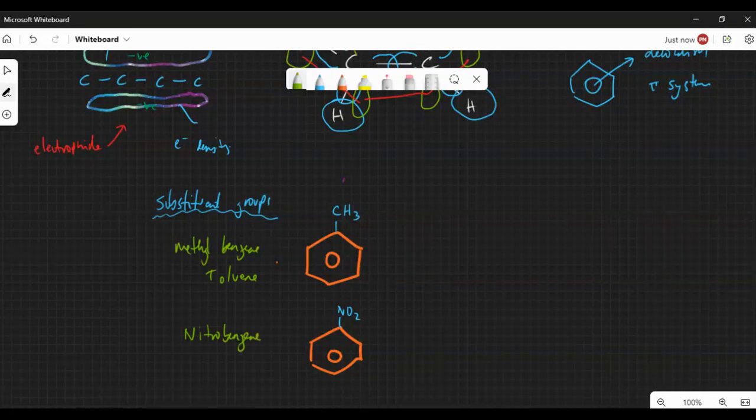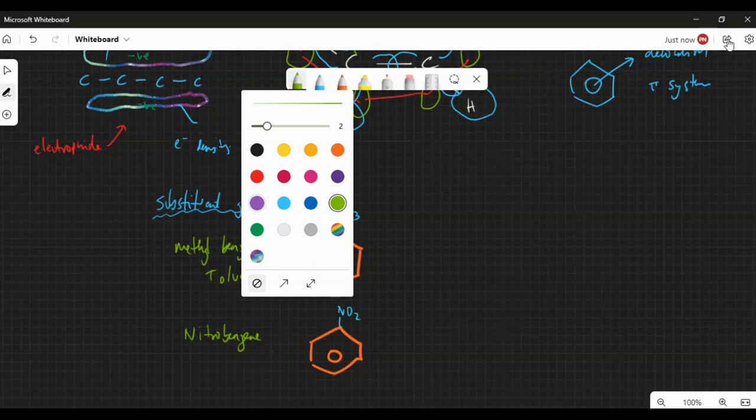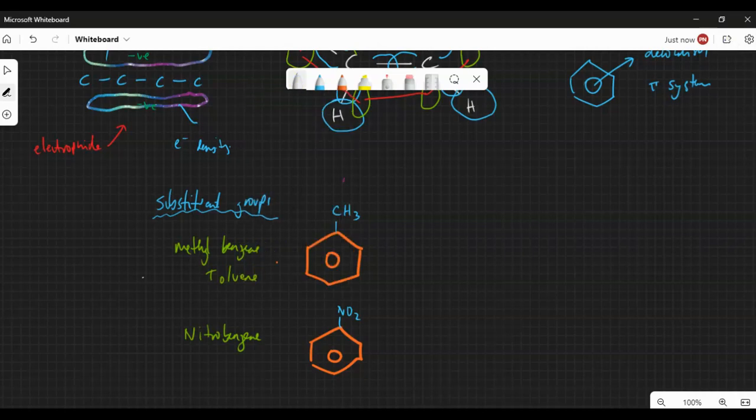Now these are substituents. That means they're stuck on the benzene ring. We'll talk about how we get them on there later, but this is just something interesting about benzene. With the methyl group attached, electrons are pushed from the CH3 group into the benzene ring.